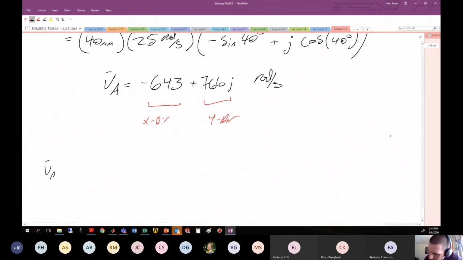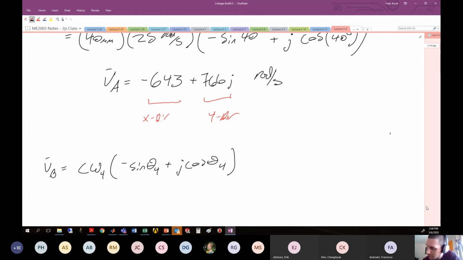Remind ourselves that the velocity vector at B, the general equation, looks something like c times omega 4 multiplied by negative sine theta 4 plus j cosine theta 4. In this situation, if we want the open configuration, we'll use theta 4 2 throughout and omega 4 2 for open.